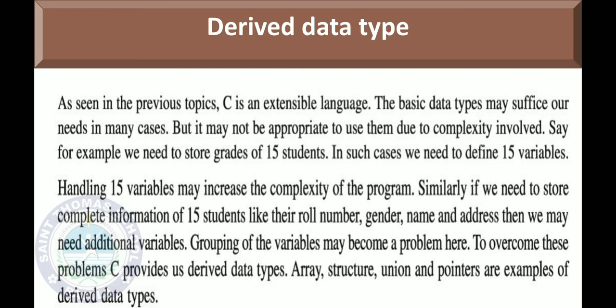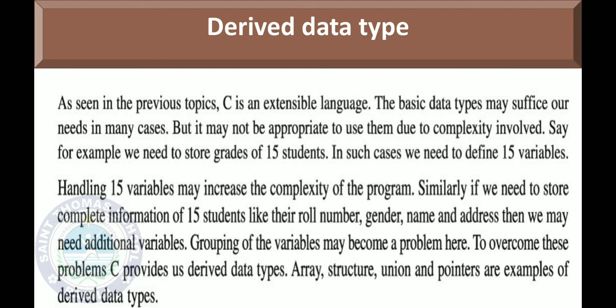So in the previous topics, C is an extensible language and the basic data type may suffice our needs in many cases, but it may not be appropriate to use them due to the complexity involved. Say, for example, we need to store grades of 15 students. In such cases we need to define 15 variables.